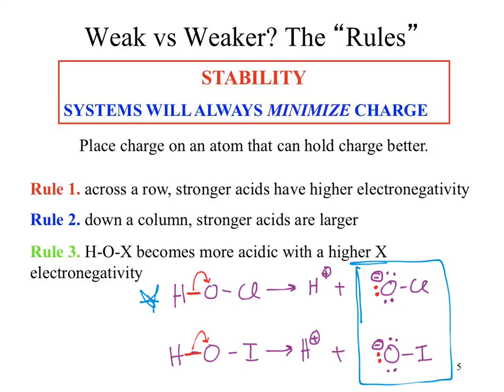It's not stability, it's a measure of attracting, more specific, it's not just electrons, bonding electrons. Where's the bond to this chlorine and to this iodine? To the oxygen. If we say chlorine is more electronegative than iodine, what happens?